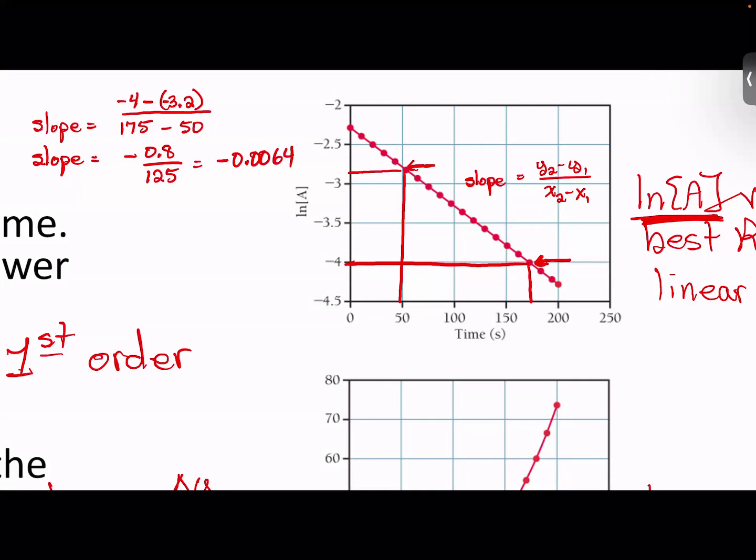Since it's first order, the next thing we know, again, is that slope in first order is equal to a negative k. So a negative 0.0064 per second is equal to a negative k. So the rate constant is 0.0064 per second.